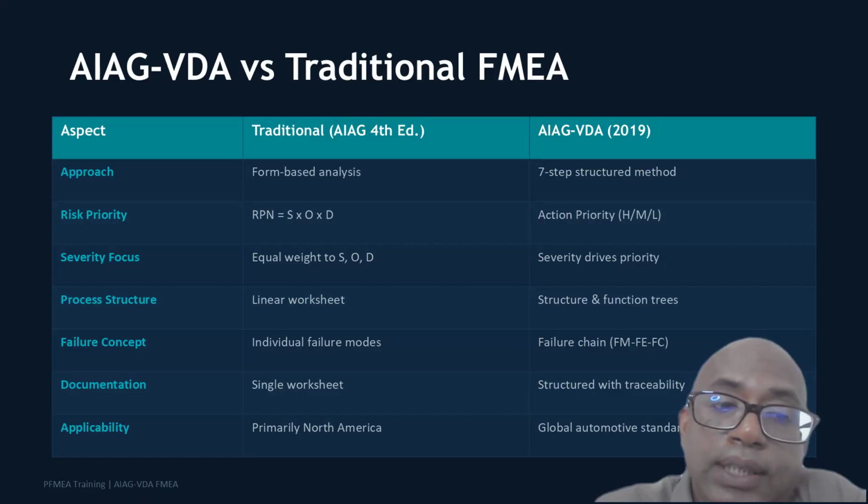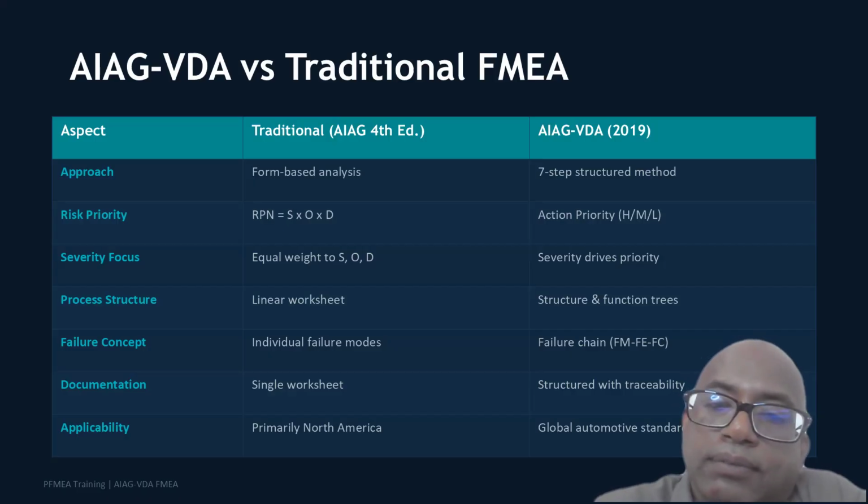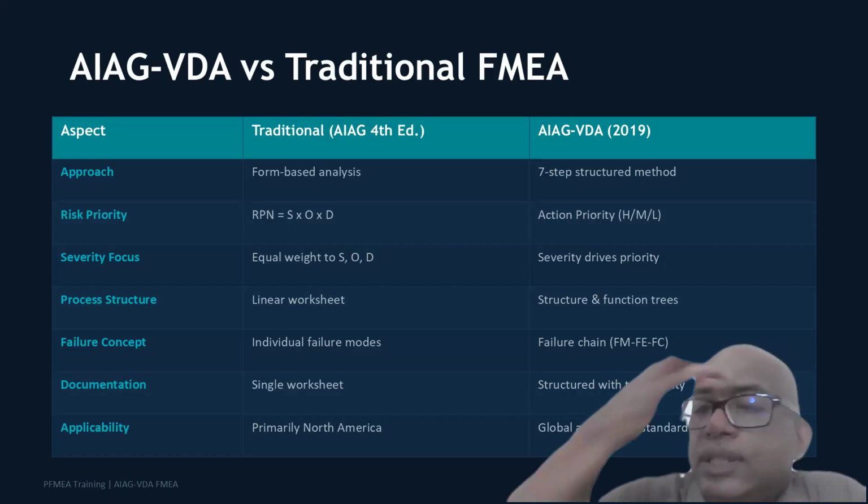The failure concept in the previous version is individual failure modes, but in the new version it is a failure chain: failure mode, failure effect, failure cause. The documentation in the previous version is a single worksheet, so we can directly prepare the FMEA table. But the new version is structured with traceability. This is one of the important things.